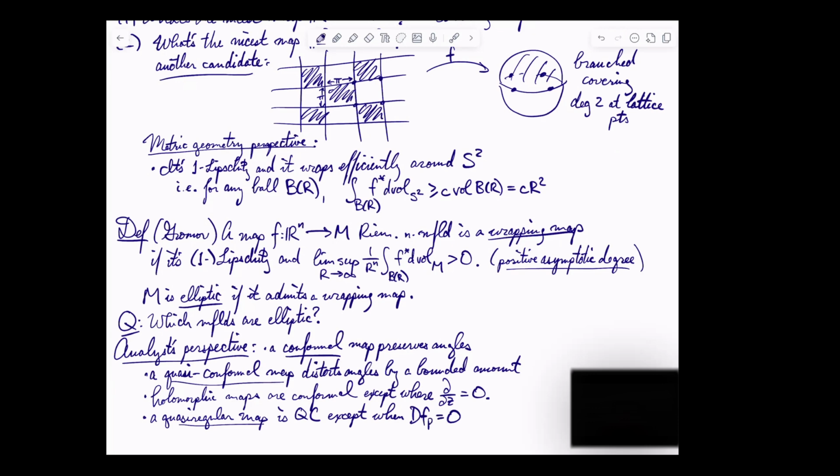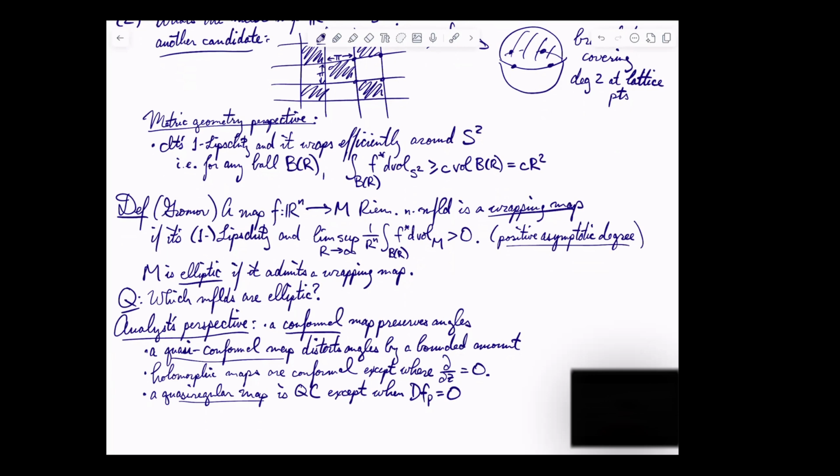If you want a non-smooth definition, then it satisfies this condition.